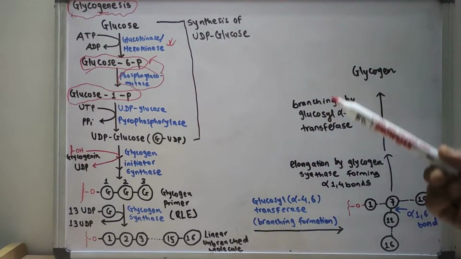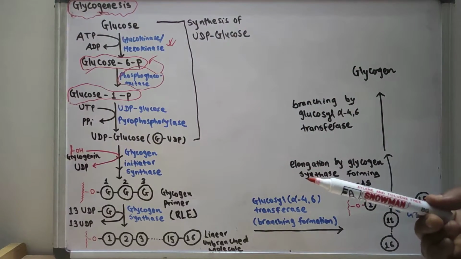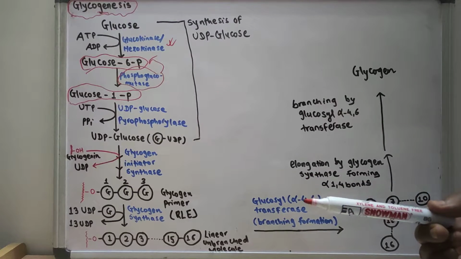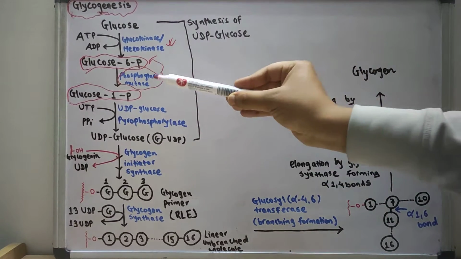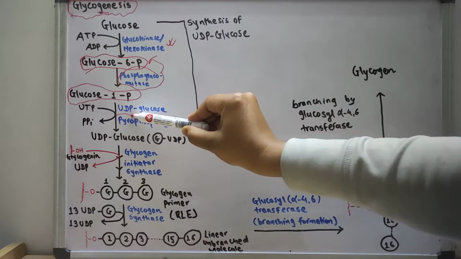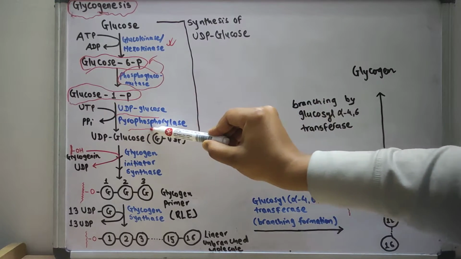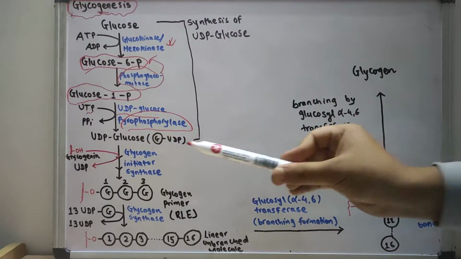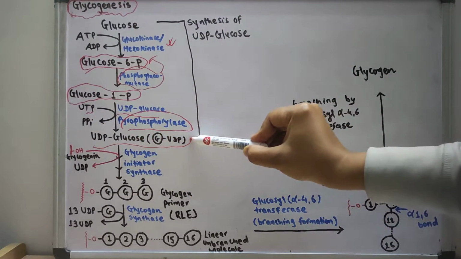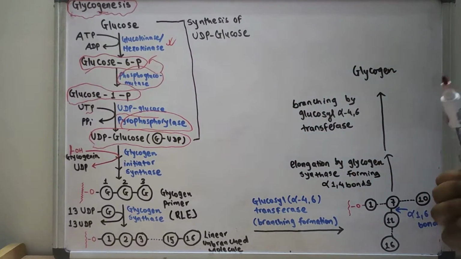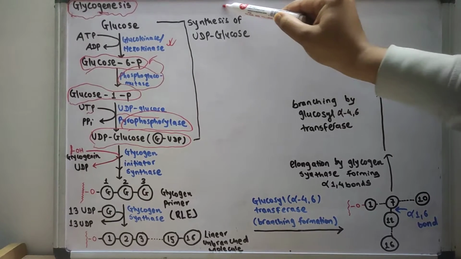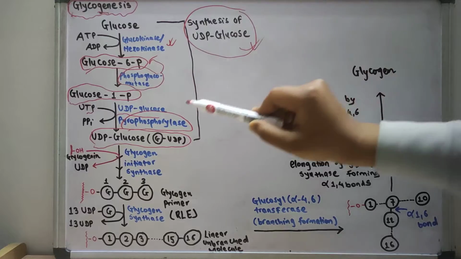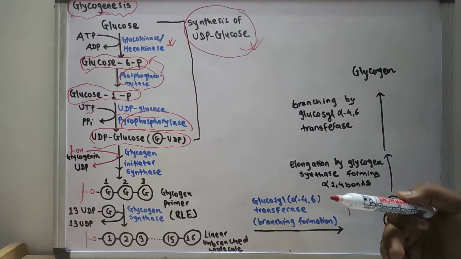Upon the action of UDP glucose pyrophosphorylase, and with the help of UTP, we get UDP glucose. So the first step in glycogen synthesis is the synthesis of UDP glucose. Now we have the UDP glucose.